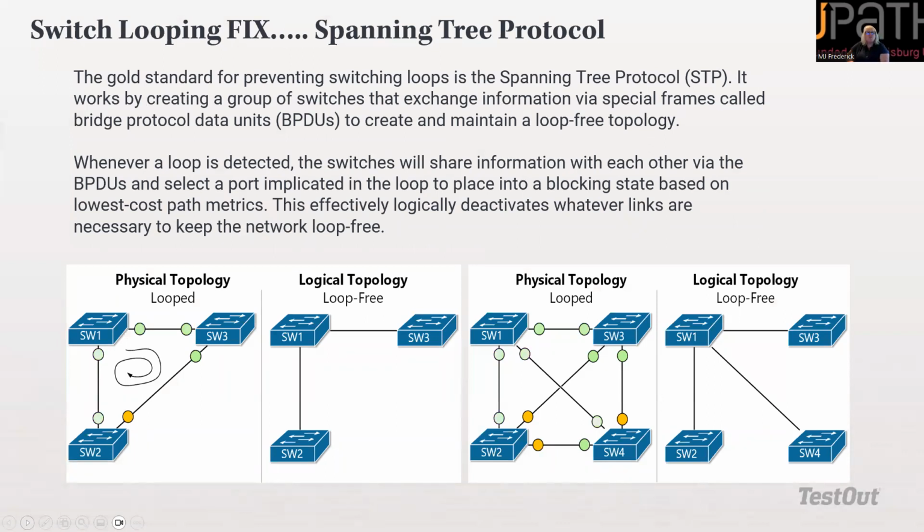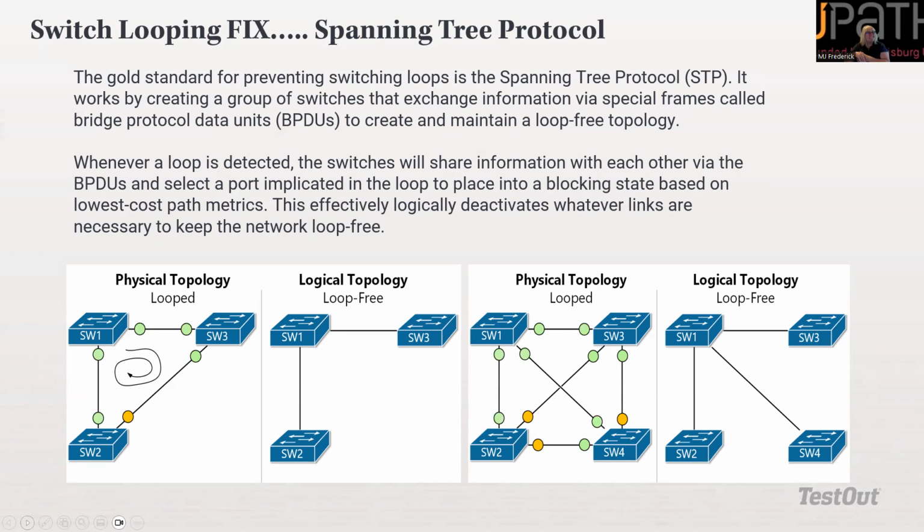Now, the switch looping fix is the spanning tree protocol, STP. So the gold standard for preventing switching loops is using the spanning tree protocol. It works by creating a group of switches that exchange information via special frames called bridge protocol data units to create and maintain our loop-free environment. Right?